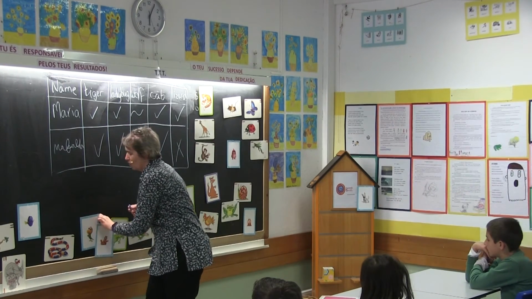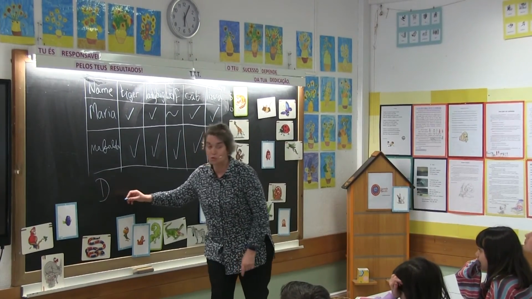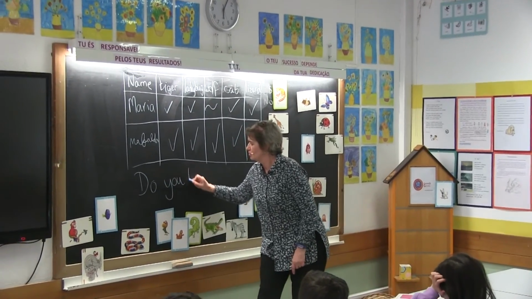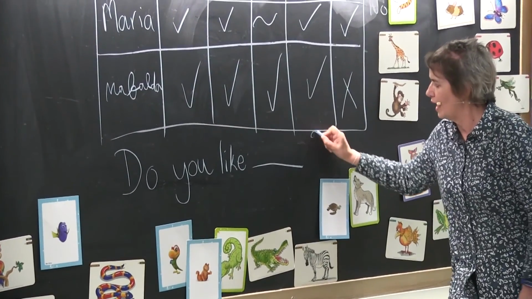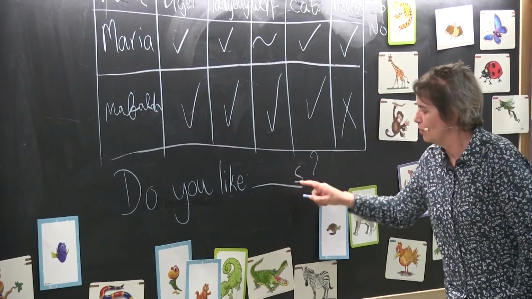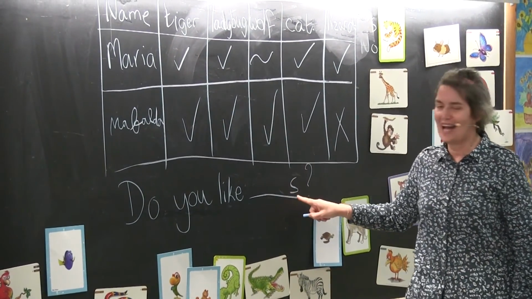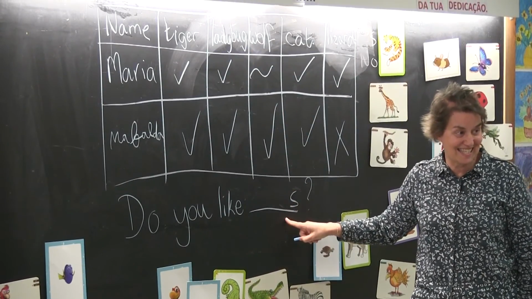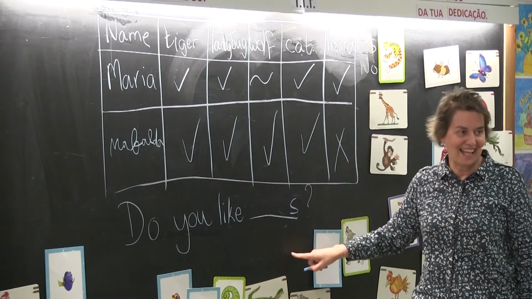All right. So what was the question? Do you like? Now here we have to say with an S. All right. So do you like tigers? Do you like ladybugs? Do you like wolves? Do you like cats?